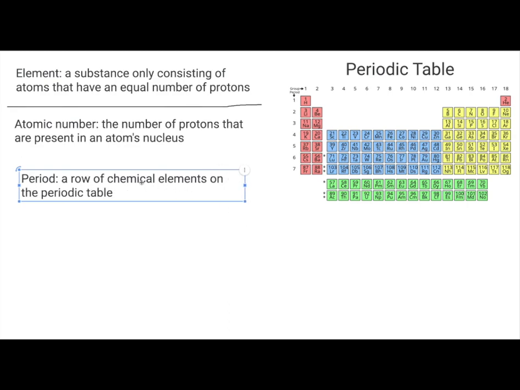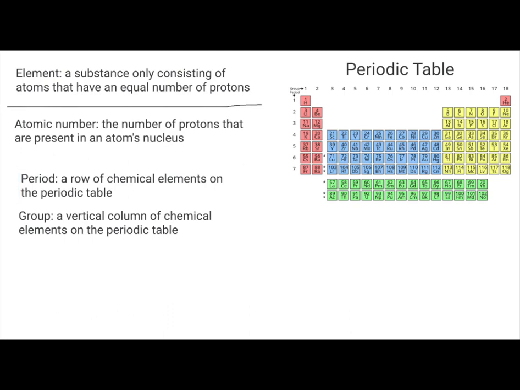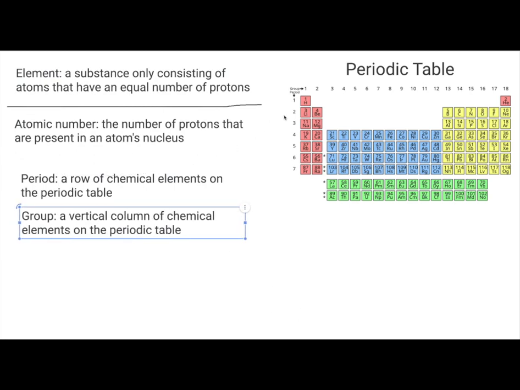It's also useful to define the term group, which is simply a vertical column of chemical elements on the periodic table. So this would be the first period, second period, third period, fourth period, and so on. First group, second group, third group, fourth group, up to the 18th group.